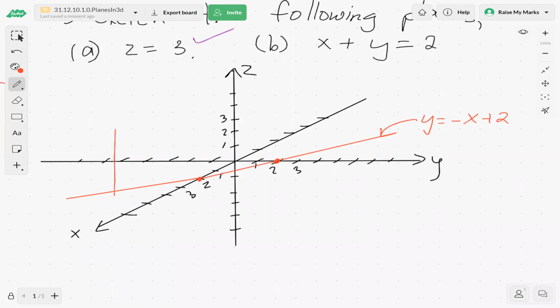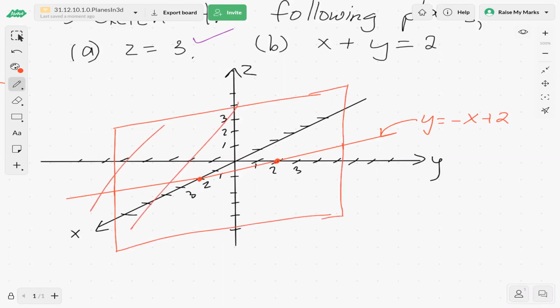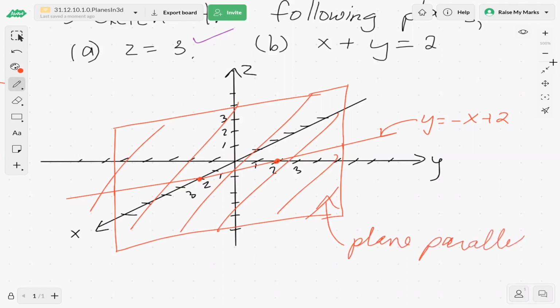It's a vertical plane, parallel to the z-axis. So that's good. We understand that.